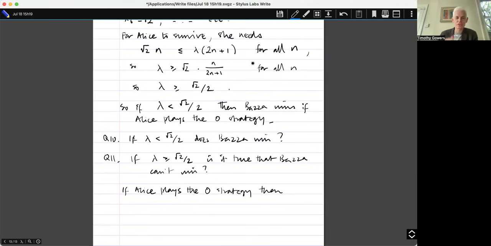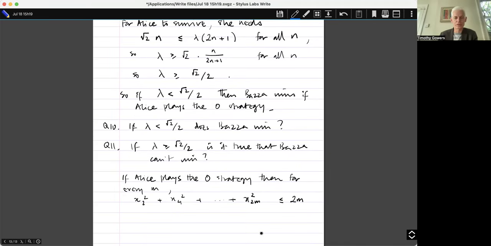But if we just know that Alice plays the zero strategy, then for every m, let's say, x2 squared plus x4 squared plus up to x2m squared is less than or equal to 2m. And I want now to apply a bit of Cauchy-Schwarz or something like that.